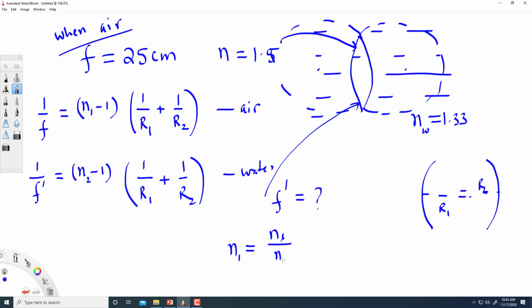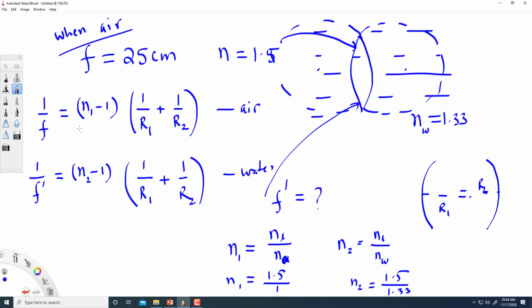In case of water it's W. In case of air, N1 is 1.5 over 1 because it's air, and for water, NL is 1.5 and NW is 1.33.